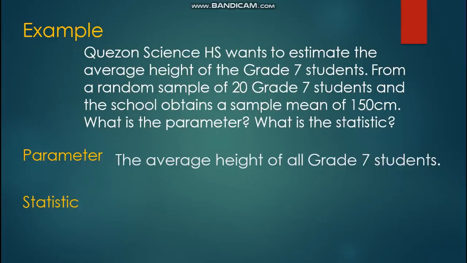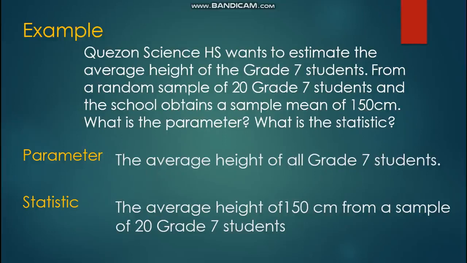That is our statistics. The average height of 150 centimeters from a sample of 20 grade 7 students. Now, our population here is all grade 7 students, while our sample data is the 20 grade 7 students.